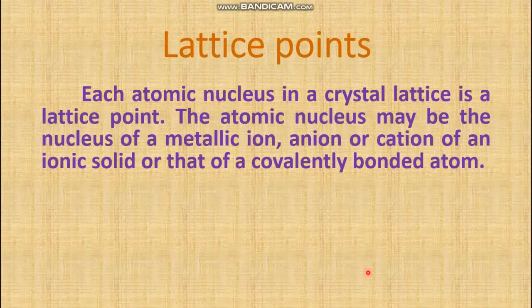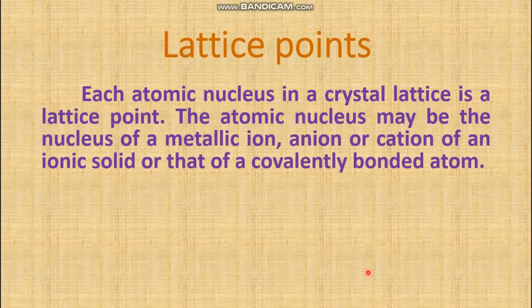Metals are solids made up of only cations, and in between there is a huge sea of electrons. Or in the case of ionic substances such as sodium chloride, potassium chloride, calcium sulfate, copper sulfate, etc., they are made up of both cations and anions.